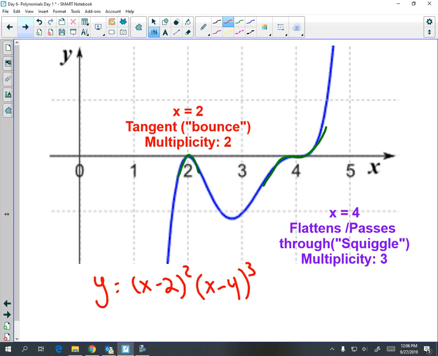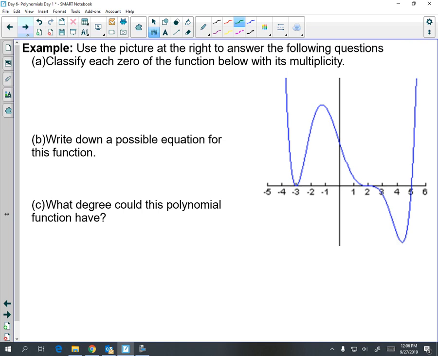So now you can tell that this is a degree 5, because 2 plus 3 equals 5. Let's try the next. Pause the video, complete this on your own, and then resume it to see if you got it right.